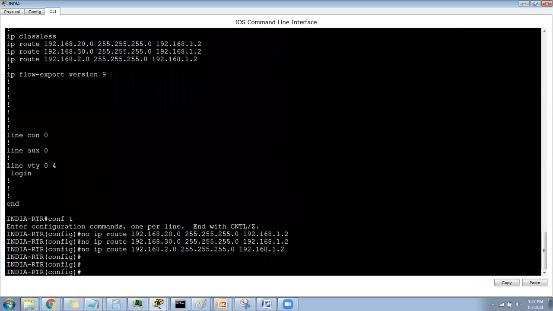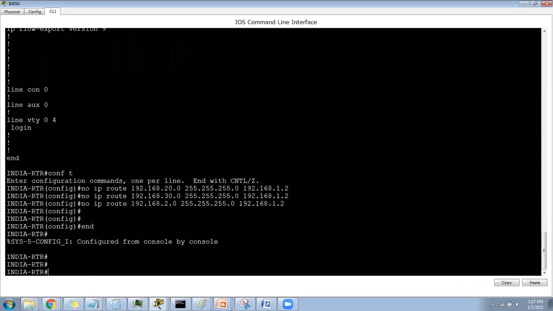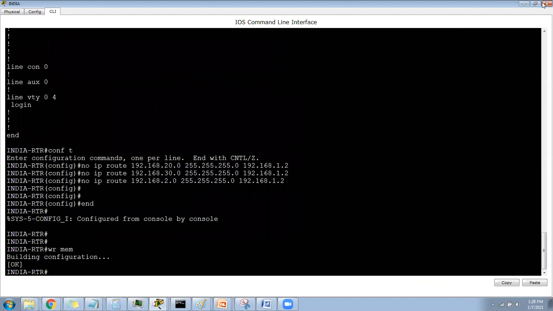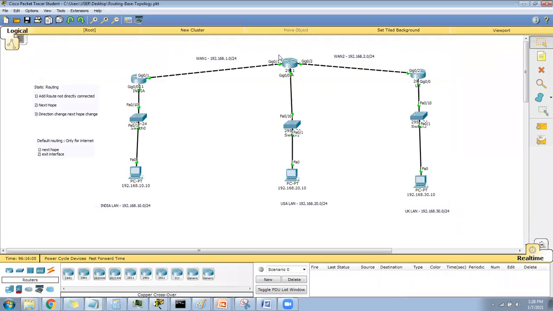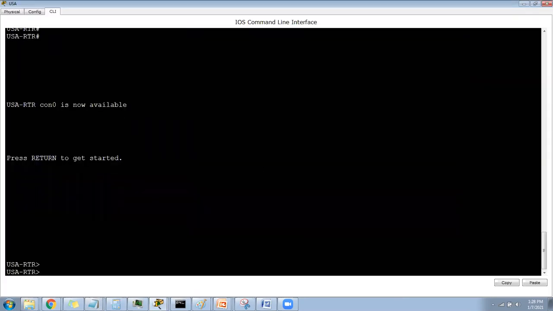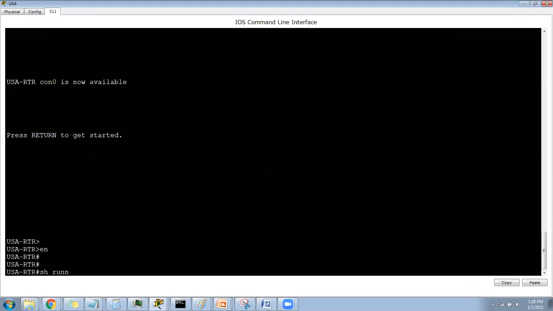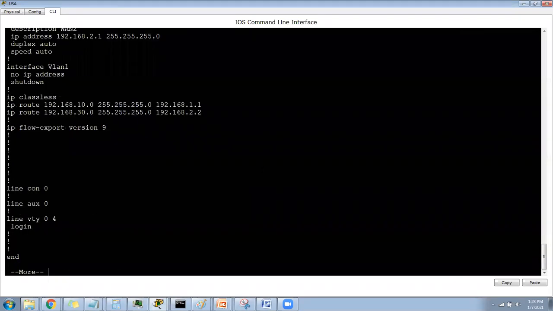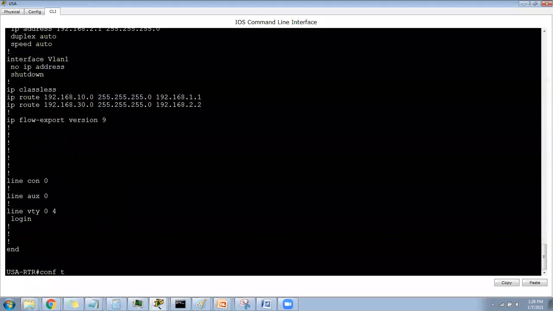We use a lot of notepad here. If I save now, my old configuration came back. So now my base configuration is here. I need to remove the routing from here also. How many static routes were there? Two. Show run. Config terminal.